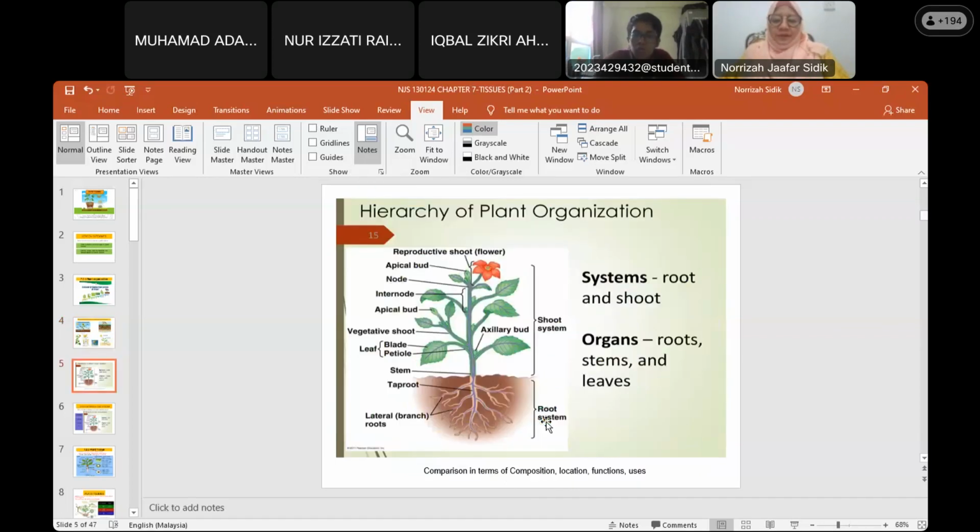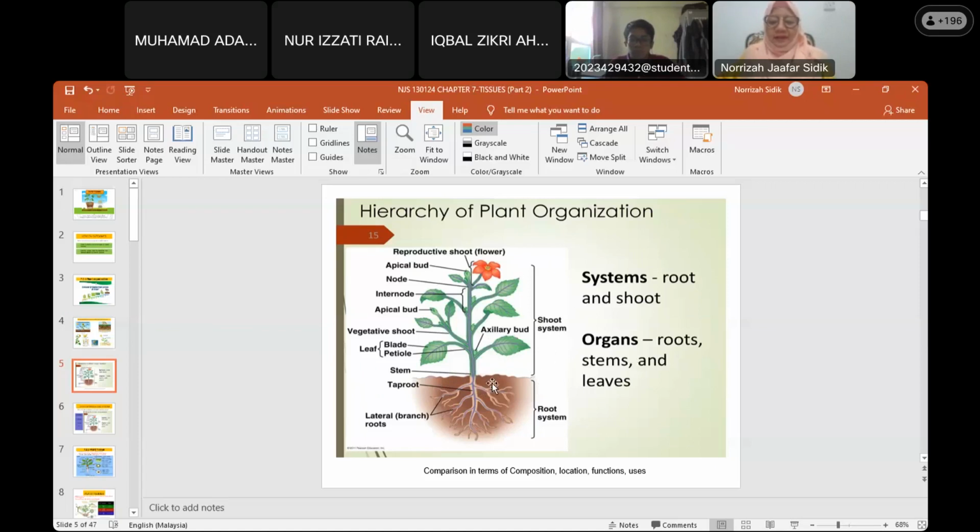Okay, so now we look at the tissue system in plants. There are two systems in plants, which are the root system and the shoot system. The root system covers the plant parts below the ground, whereas the shoot system covers the plant parts above the ground level.